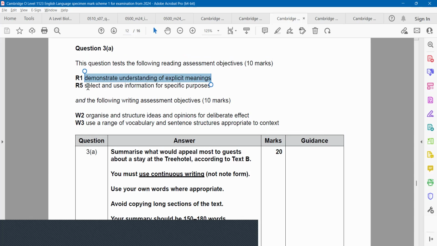Because you're supposed to pick out the correct points and write them down, your ability to select and use information for specific purposes is what is being tested. If you're able to pick out the correct points, that's when you get marks.